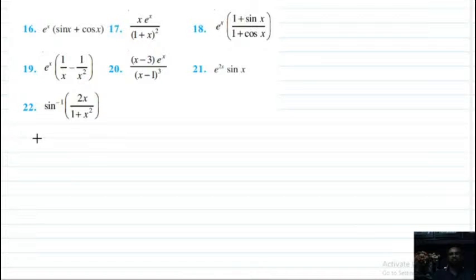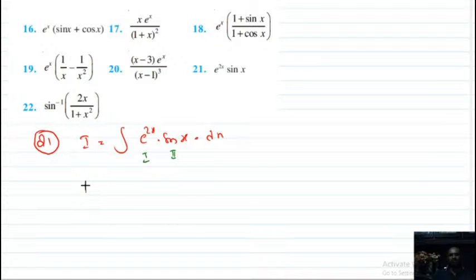Okay students, next is problem 21. I is equal to the integral of e^(2x) into sin x. We want to find the integration of this function, so we need to use integration by parts. First of all, this is the second function and e^(2x) is the first function.